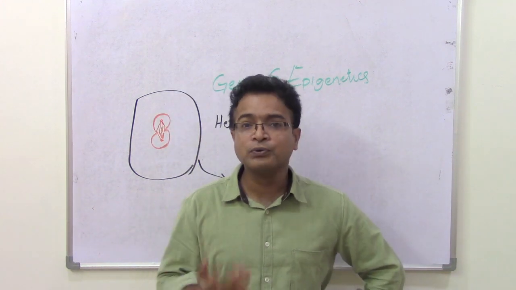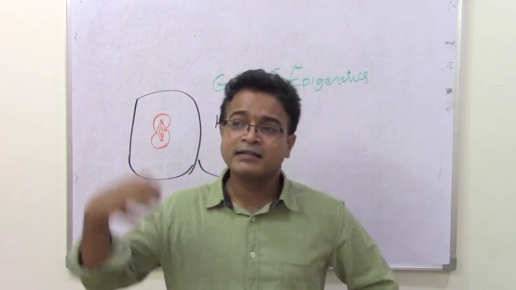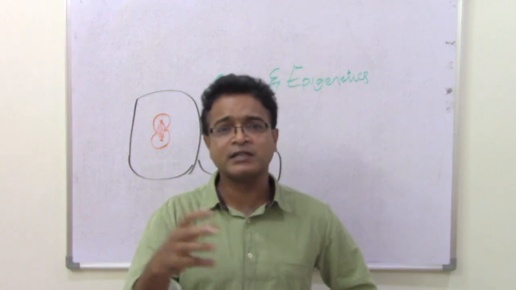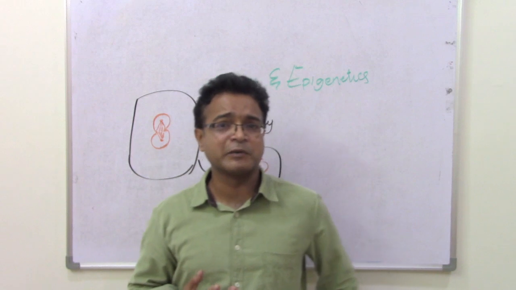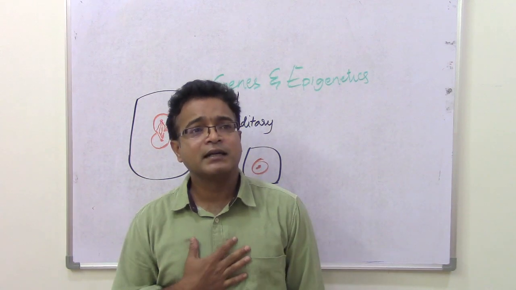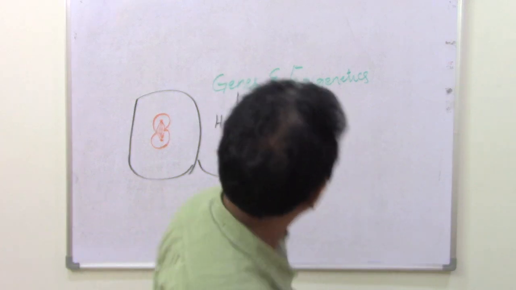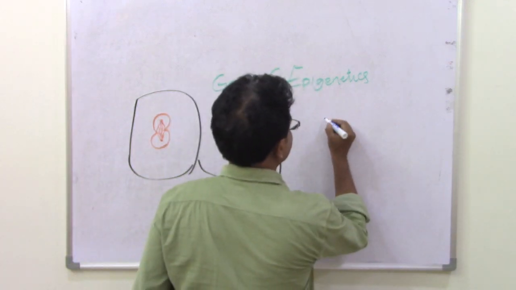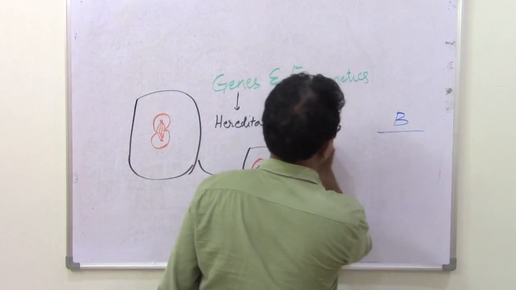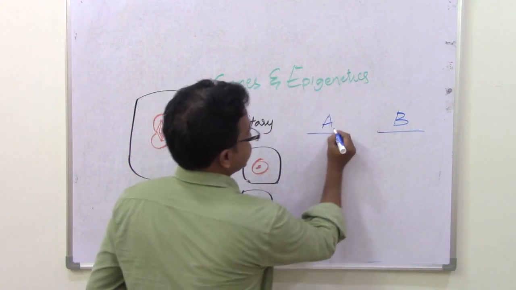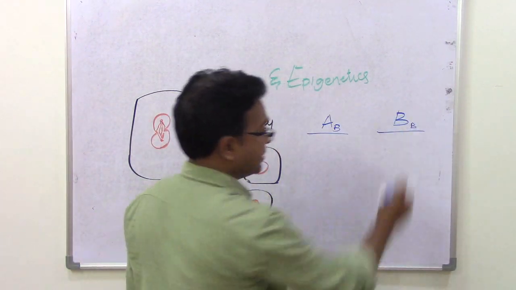How do you prove that genes, these chromosomes or this DNA, actually carry traits from one generation to another? They did different kinds of experiments. Let's say there is species A and species B, both of them bacteria.